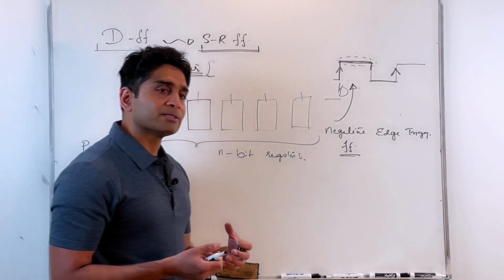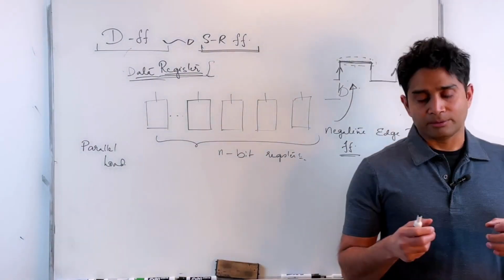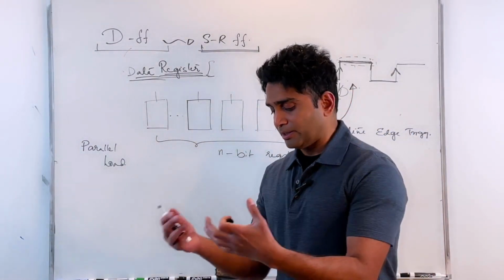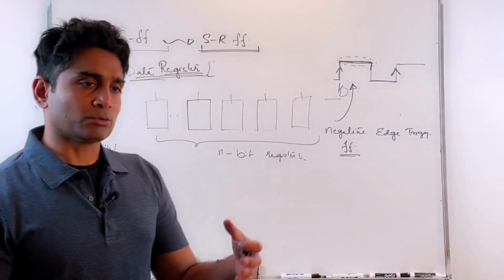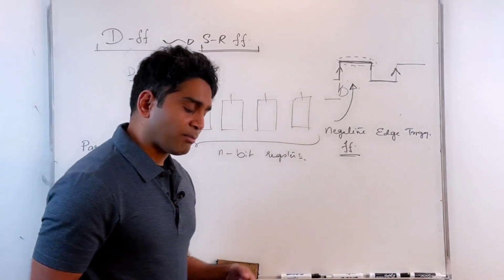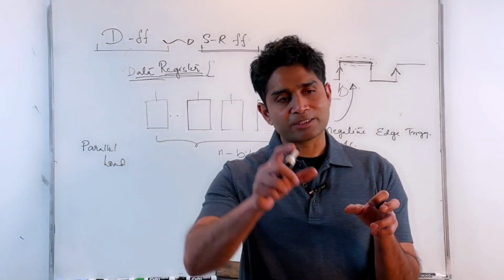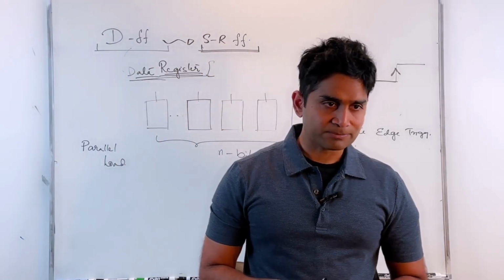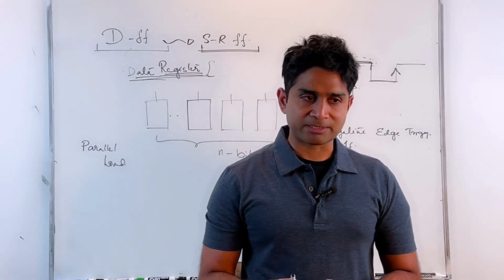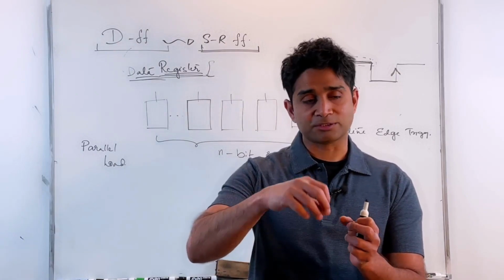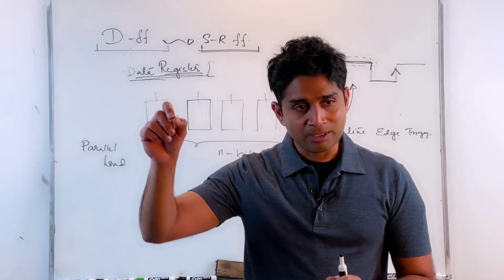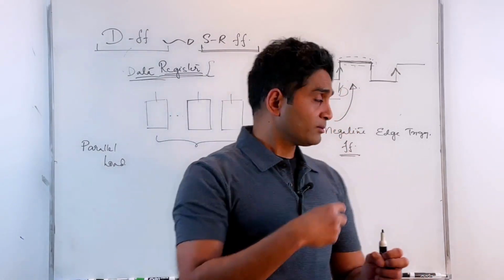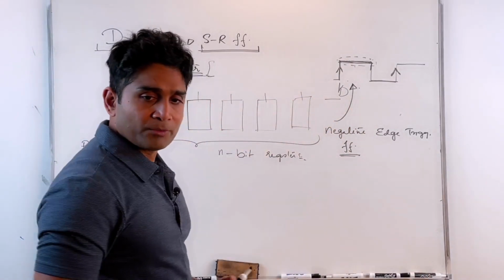And we also examined how, in a typical CPU, you have multiple registers. You don't have a single register, right? You have multiple registers, and each of the registers is connected to the data bus. So let's say you are working with n-bit data. That means your data bus consists of n lines. Each line is connected to one of the flip-flops of the register.